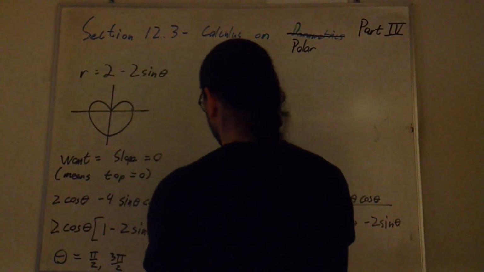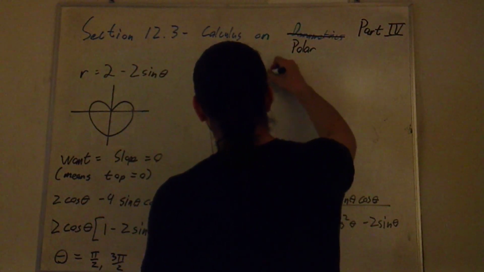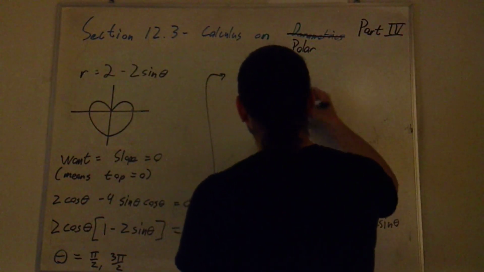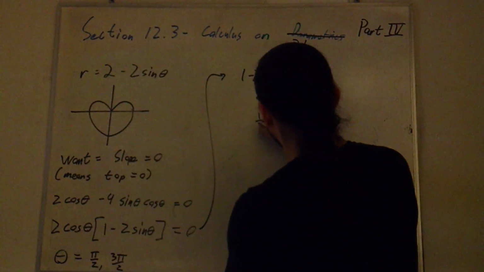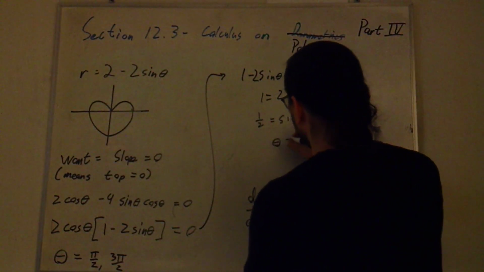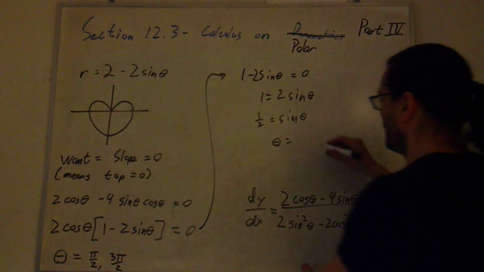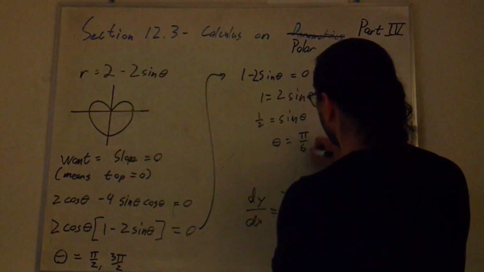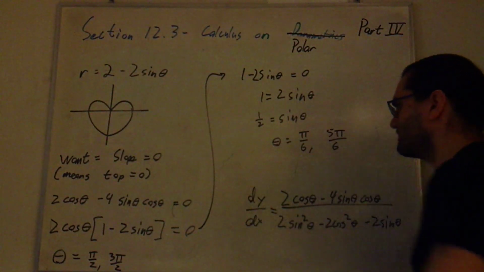I'm going to slide up here for that. 1 minus 2 sine theta equals 0. That means that 1 equals 2 sine theta, and that 1/2 equals the sine of theta. And that means that theta, on one lap of the unit circle, should be pi over 6 or 5 pi over 6.